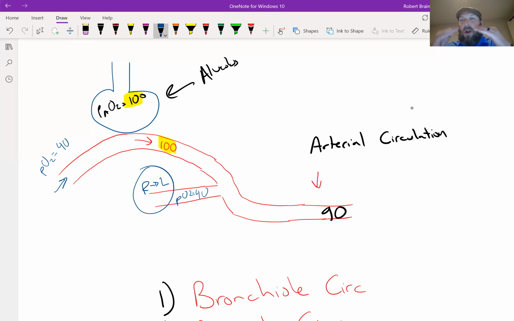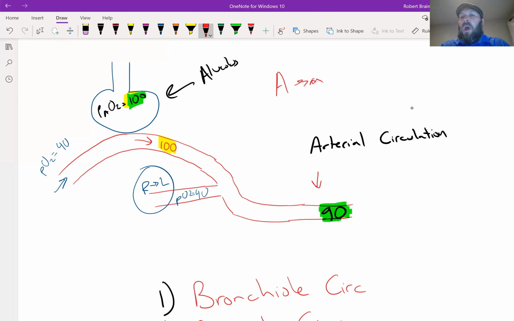Now, depending on how large a right to left shunt is, especially when you're talking about pathological instances, it will affect the overall PO2 of the systemic circulation. But we have a normal right to left shunt, and that normal right to left shunt will cause us to have a difference between the arterial PO2 and the alveolar PO2. That difference is called the A-a gradient. Okay, so you might see that as well. That's the A to little a gradient.